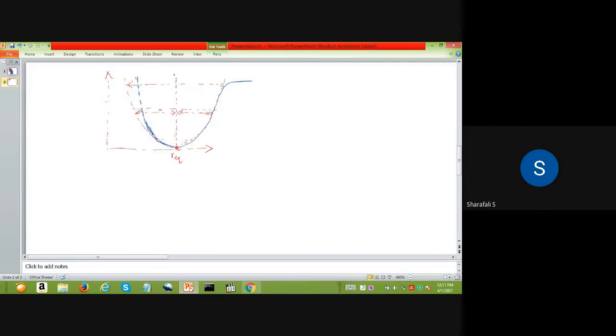Which means that if it is stretching, it will be going away from this equilibrium point. If it is compressing, then it is coming close to the zero of this internuclear distance R. So in that case we have a symmetric fashion with respect to our equilibrium. Okay, that is for the case of the harmonic oscillator.